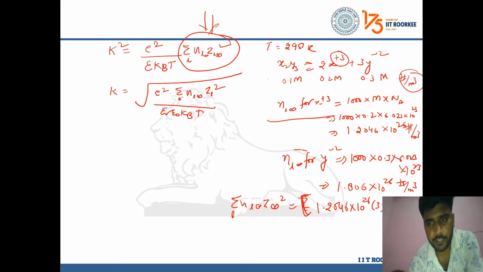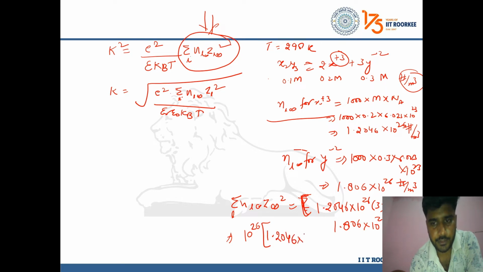Plus similarly for the negative species, 1.806 times 10 raised to 26, and the charge will be minus 2, squared. Taking the constant term, it will be 1.2046 into 9 plus 1.806 into 4.